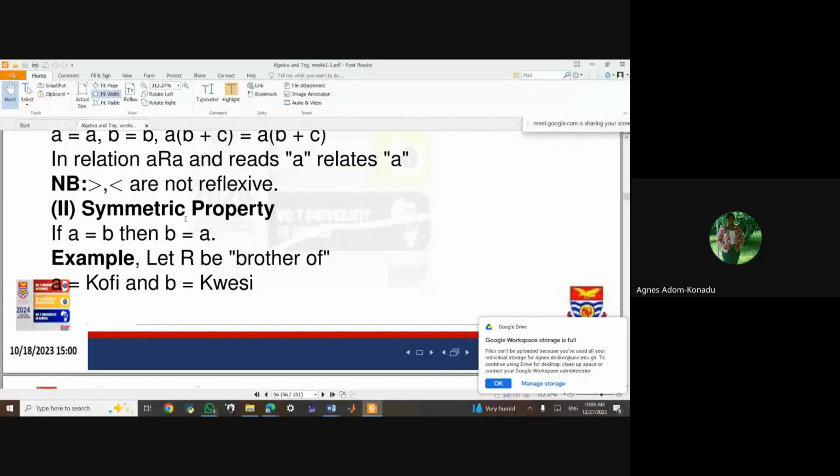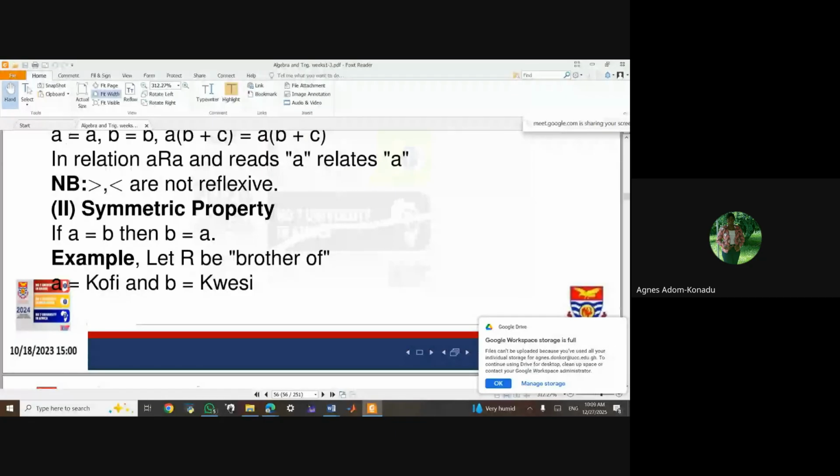Then we have what we call the symmetric property. The symmetric property says that if A is equal to B, then B is equal to A. For example, if R represents "brother of", I can say A is Kofi and B is Kwesi.